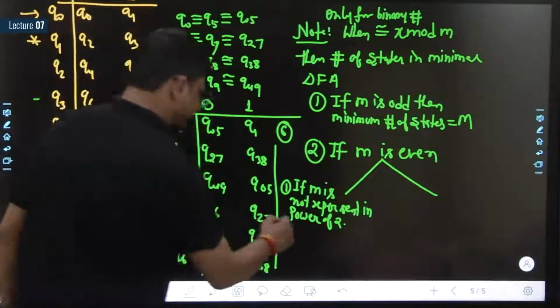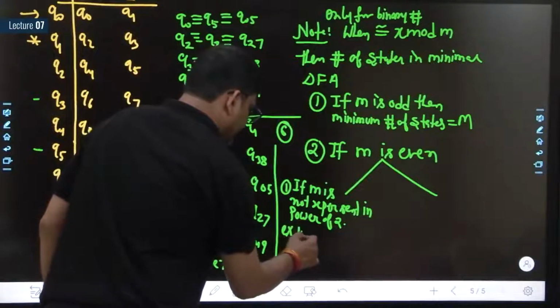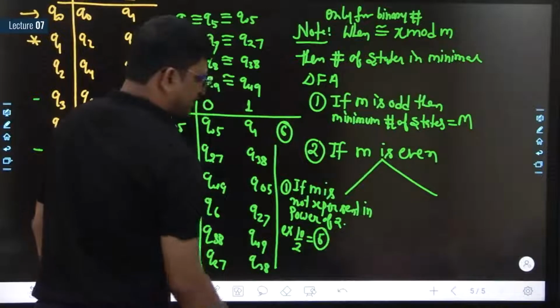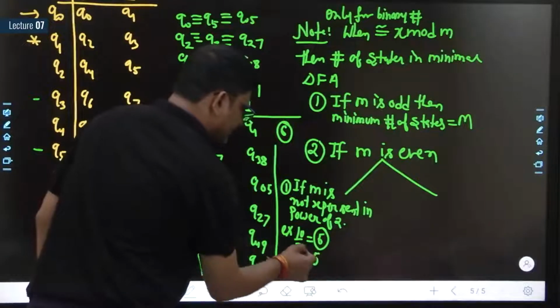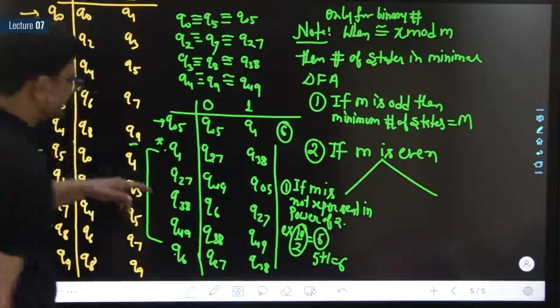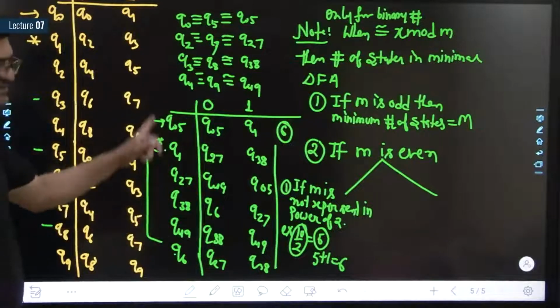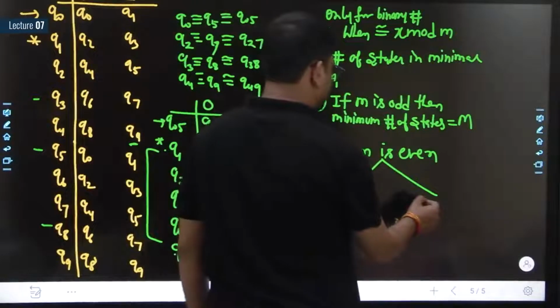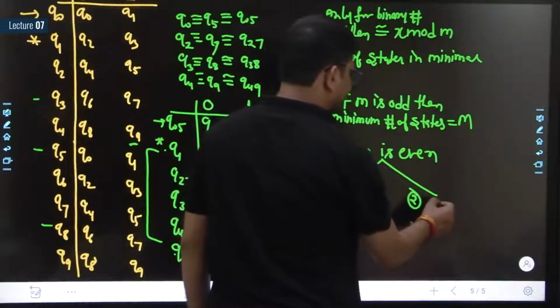For example, 10 divided by 2, remainder is 5. Then the number of states is 5 plus 1, 6. See, the number of states is 6. Clear?